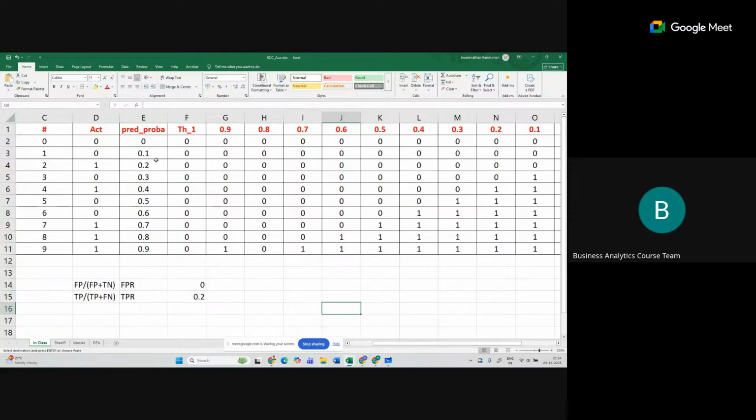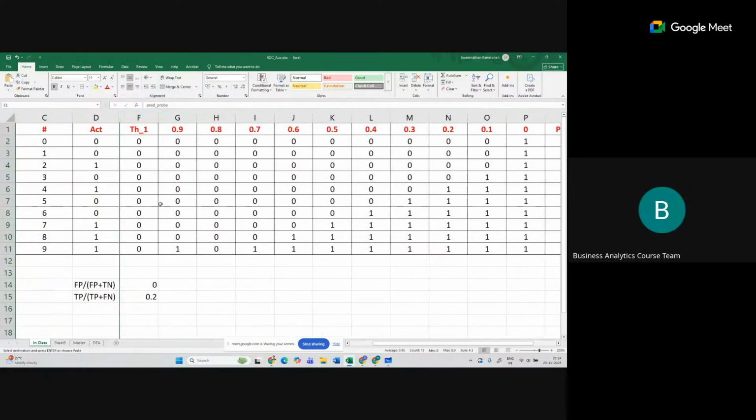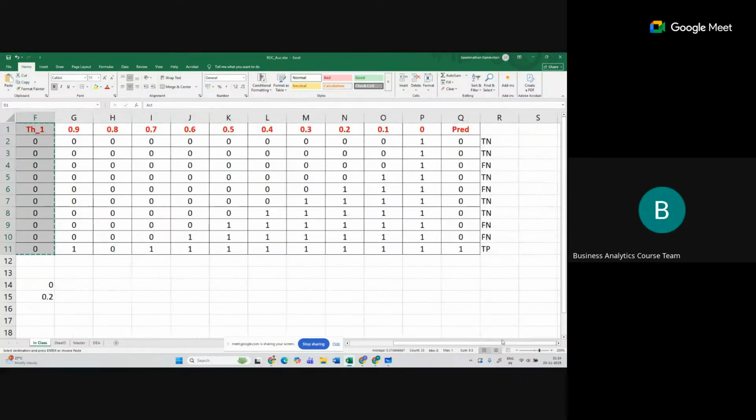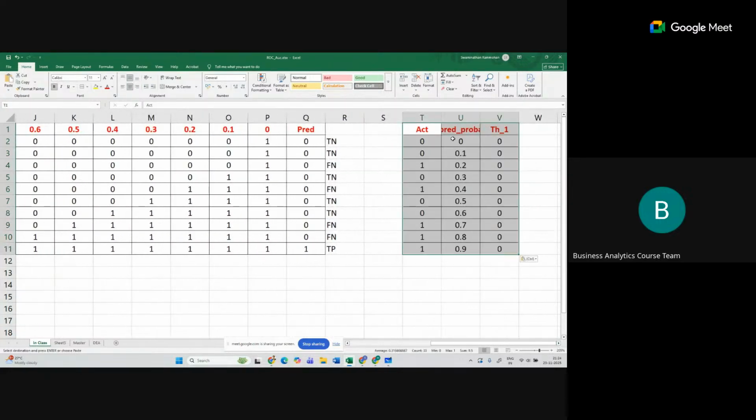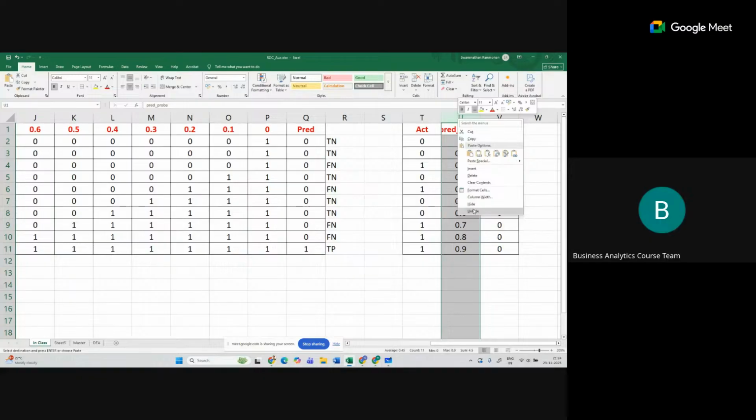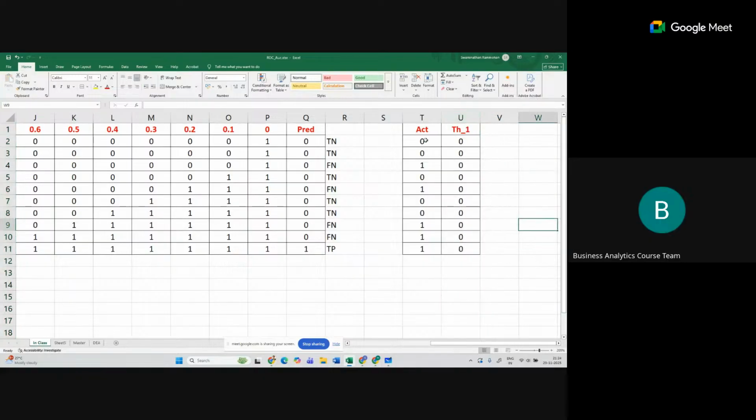So now once we have gotten the classes, we don't need probabilities. So let me hide this. Now let us take these two columns, I'm going to take it to the right. I don't want the probabilities. There is actual, there is predicted for threshold 1.